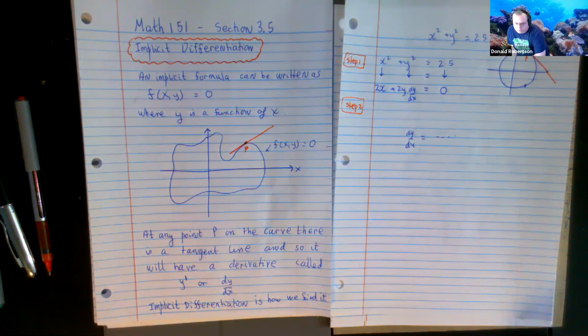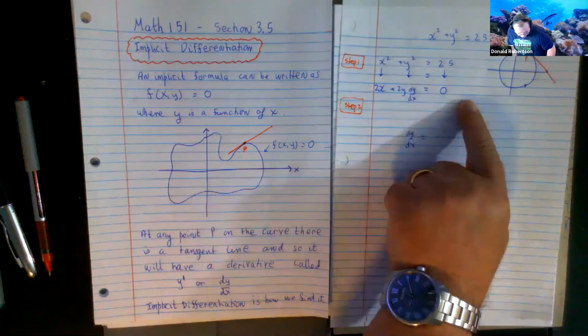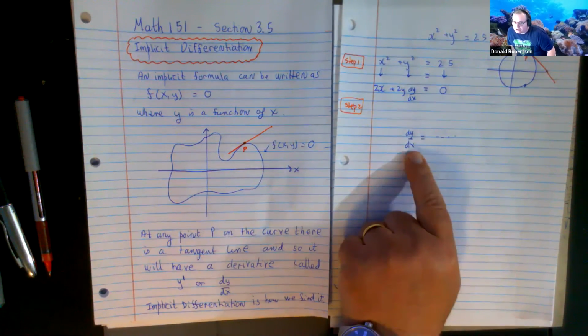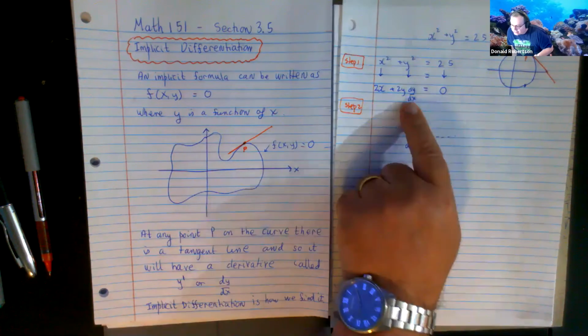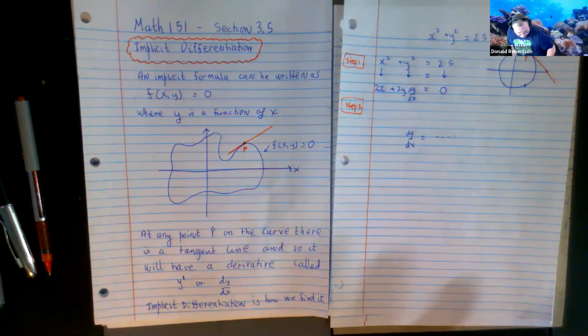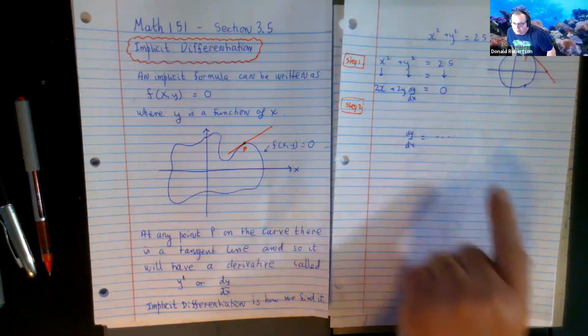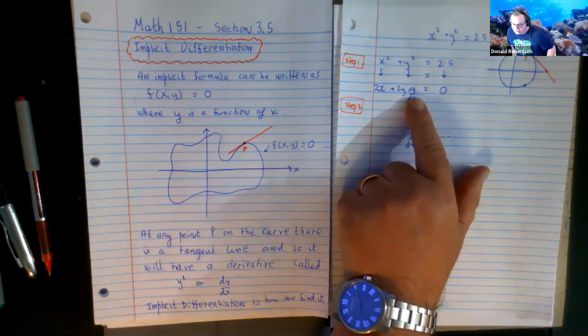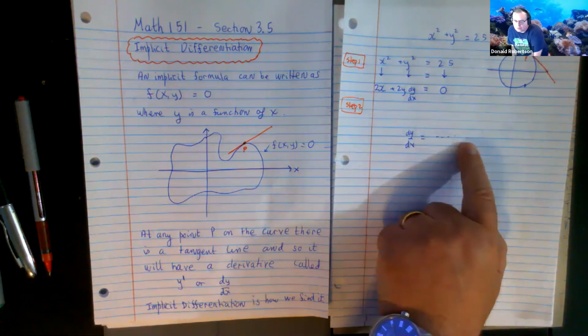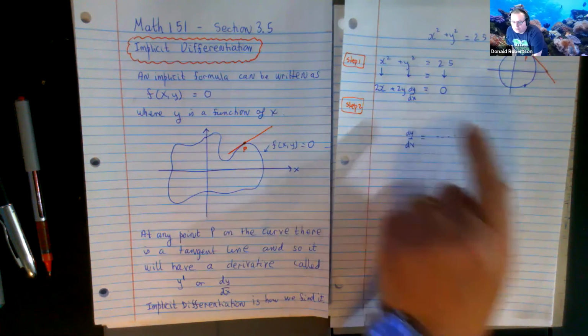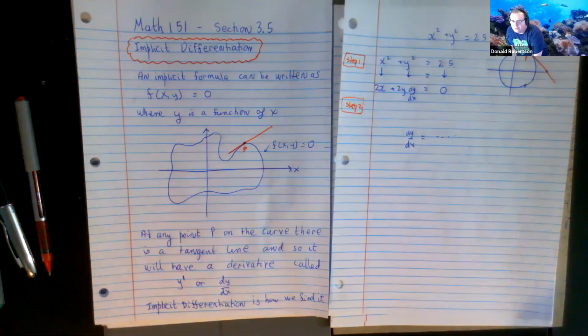Now, step 2 is take this fella here and solve for dy by dx, just like you're solving an equation. What I mean by solving is isolate dy by dx and it's equal to everything else. So we're going to use a rule that I use a lot. I've got my own name for it. The rule is, as long as you do it to both sides, it's okay.